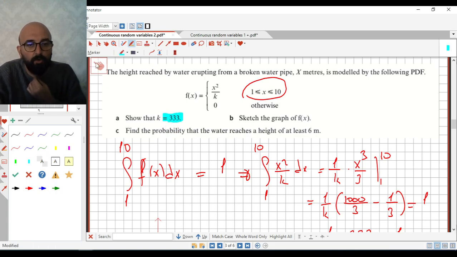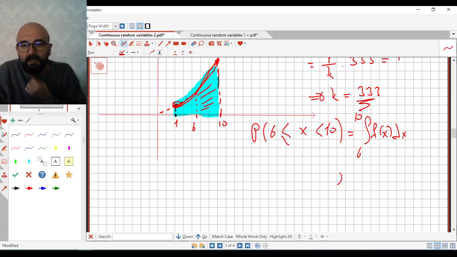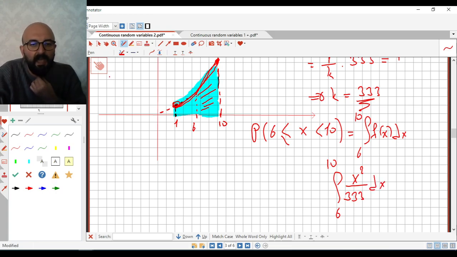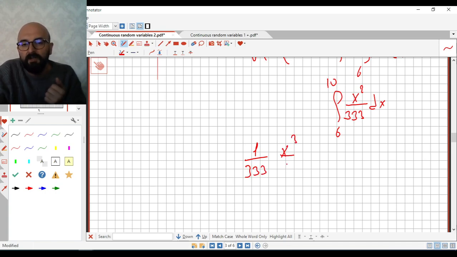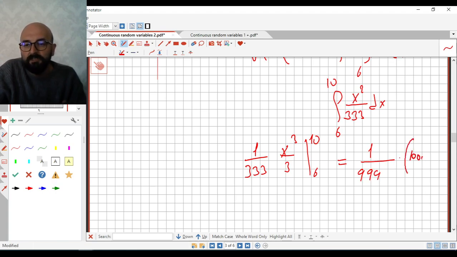Okay, and it means integration from 6 to 10 of f(x) dx, and f(x) is x squared over k, please remember that k is 333. So the integral from 6 to 10 of x squared over 333 dx becomes 1 over 333 times x cubed over 3 from 6 to 10, and 1 over 999 multiplied by 1000 minus 216, and it means 784 over 999.